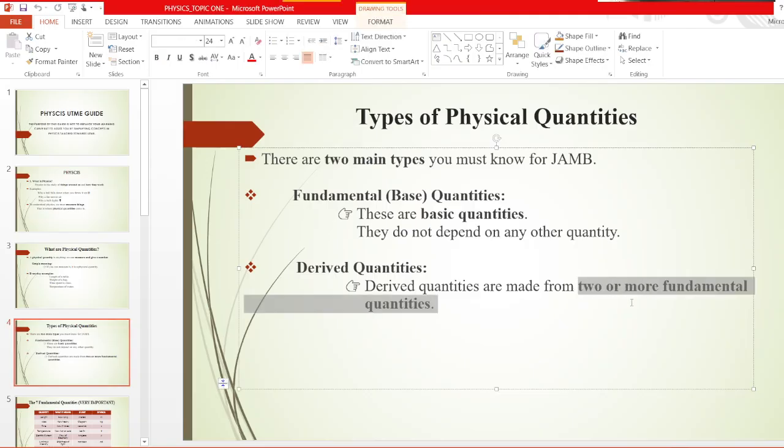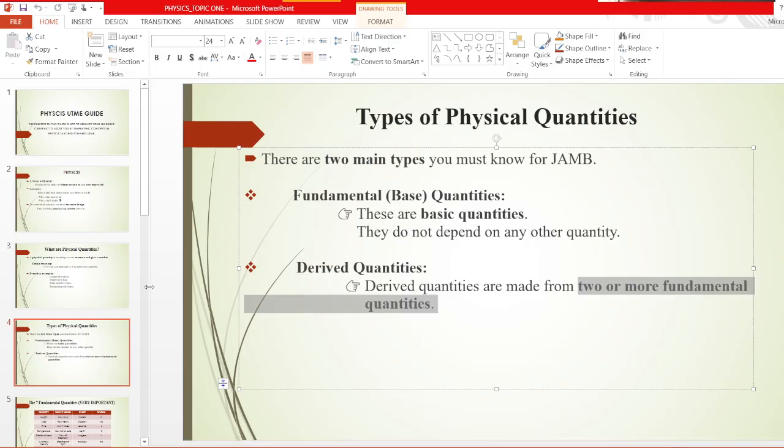Take, for instance, what I've been saying, the types of physical quantities. Anything that you can measure that will give you a resulting number is called physical quantities. And there are two types. The fundamental quantities don't depend on other quantities. But derived quantities are a combination of two or more fundamental quantities.